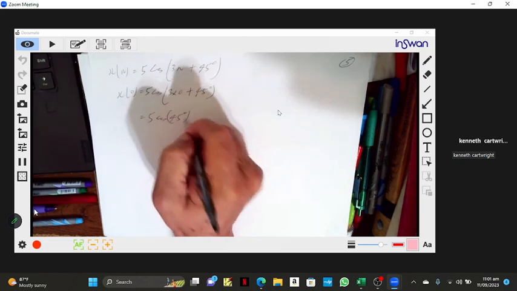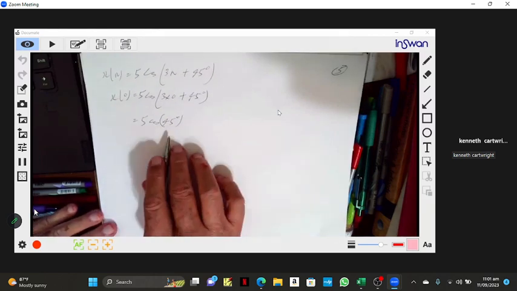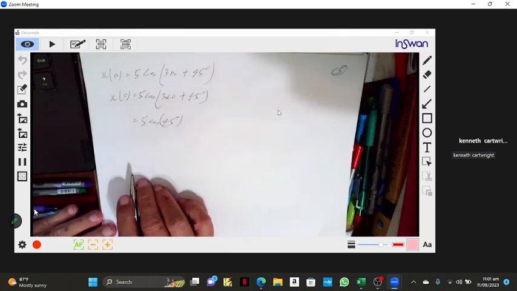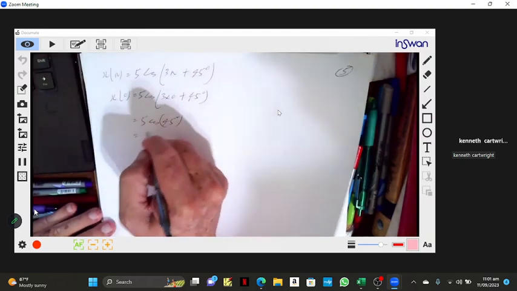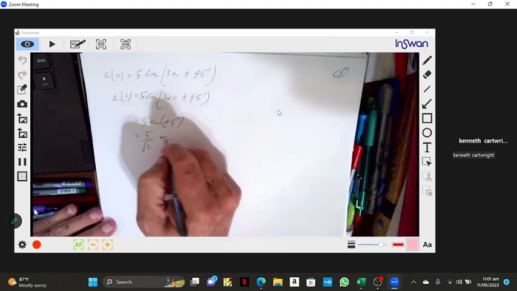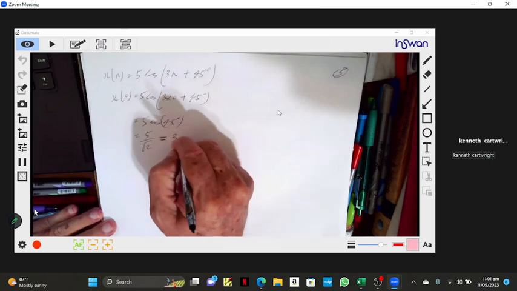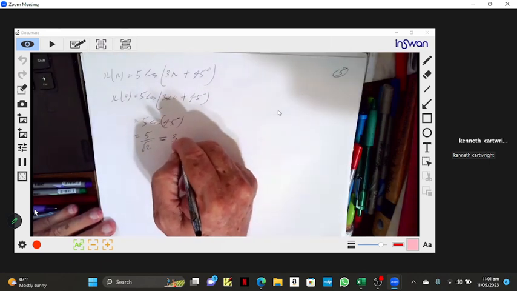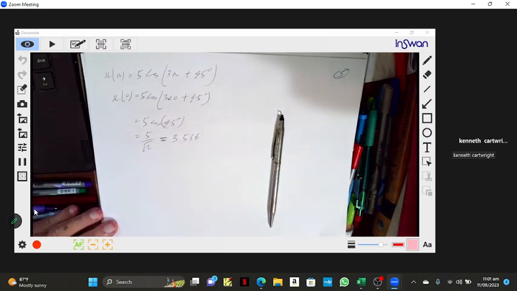Clearly, we got to use cosine of 45 degrees. And cosine of 45 is 1 over root 2. So 5 over root 2. Why is that hard?